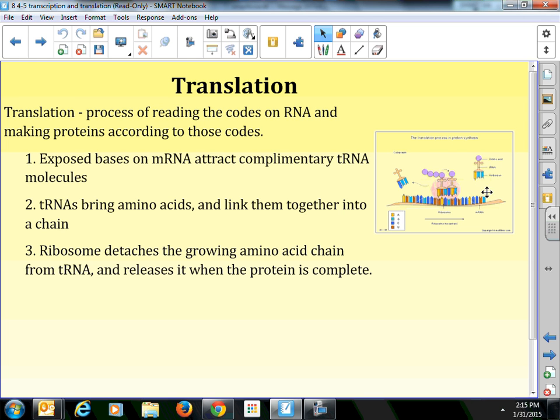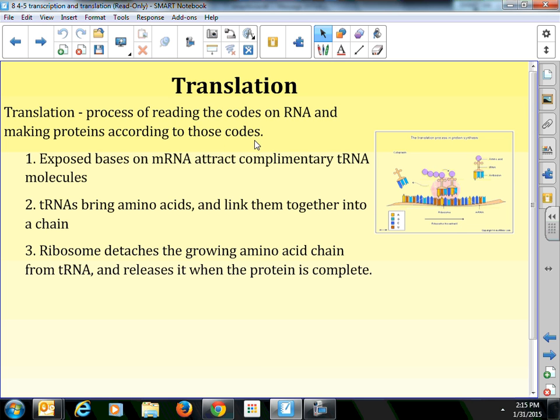When all of the tRNA has brought all of its amino acids there, in the end we will have a protein. A ribosome will come along, it will detach that amino acid chain, and in the end the protein is complete. It is this protein which will control the traits, and that is how your individual traits are different from other people's. Your DNA had codes.